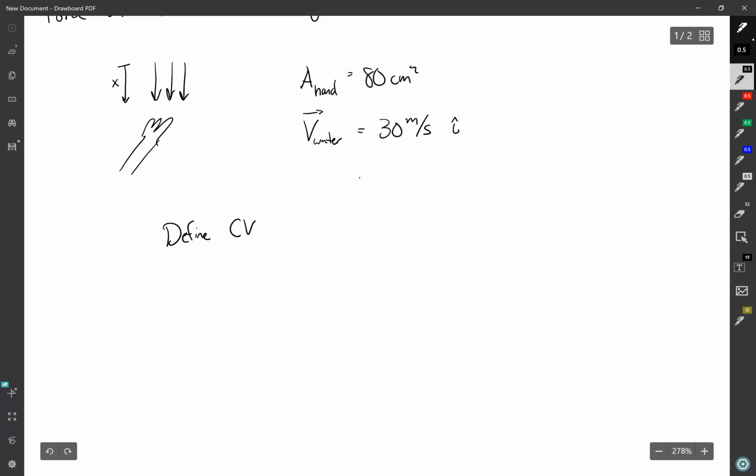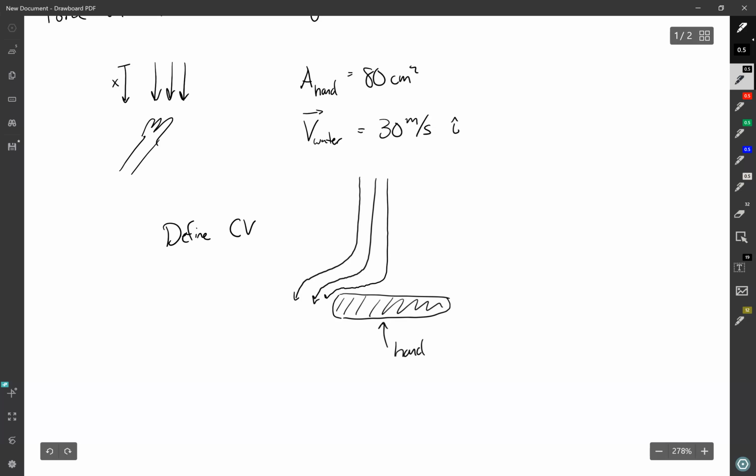We're going to have water that's coming down and going over our hand, something like that. That's your hand. So water is going to be coming down and flowing around and over that surface.